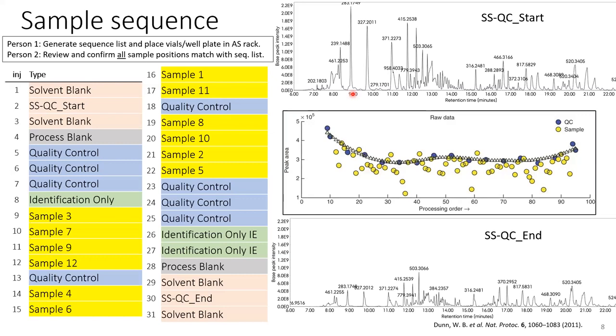So don't run all females or all in the high dose in one end of the study, because maybe you have a situation where you have a very good signal in the beginning and then a low signal in the end, and then you end up drawing the wrong conclusions.